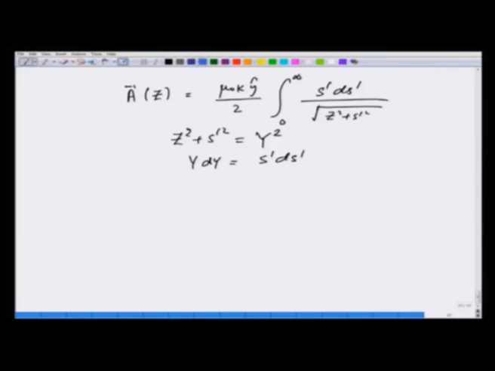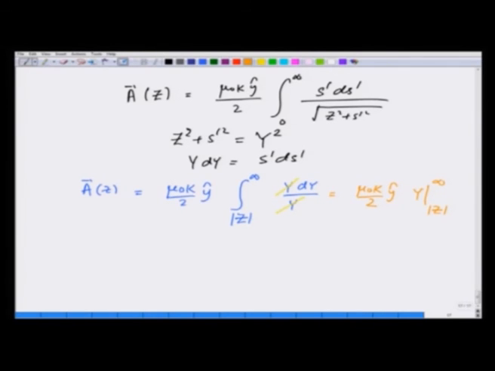So, I get A z is equal to mu naught k over 2 integral from modulus of z to infinity y dy over y. This y cancels, and I end up getting mu naught k over 2 times y evaluated at mod z and infinity.